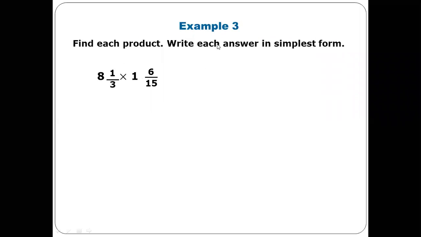Let's move to example 3. We have to change the mixed numbers into fractions. 8 times 3 is 24, plus 1, 25 out of 3. 15 times 1 is 15, plus 6, 21 out of 15.